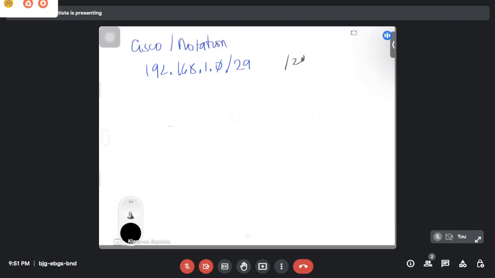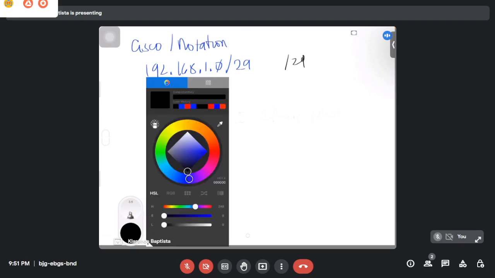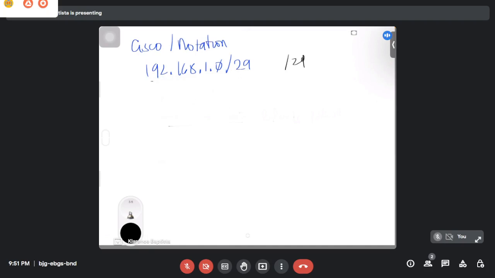Okay, /24. So ngayon, paano po natin kukunin yung meron tayong IP address na 192.168.1.0/29? We will compute for the extra network bits. So extra network bits, kunin po natin yung slash notation, get 29 minus yung default 24.